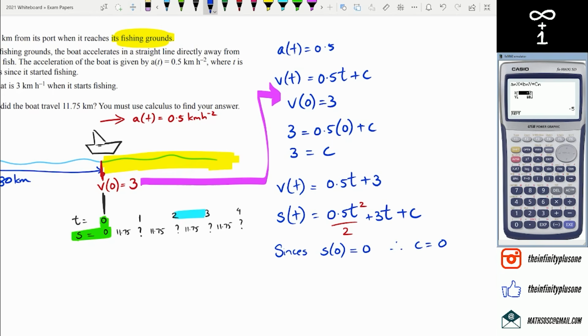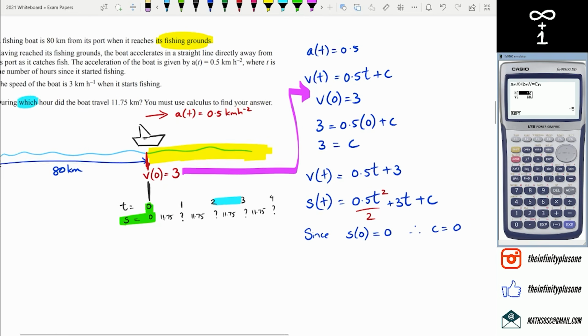If you didn't understand what I did there, remember, if I put s of t as 0 and t as 0, this becomes 0 and this becomes 0, which means c has to be 0. That's why I did that really quickly and put a little statement: since s of 0 equals 0, therefore c is equal to 0.